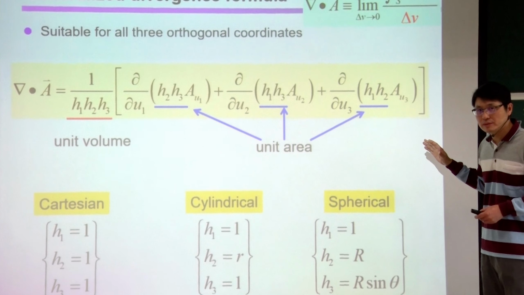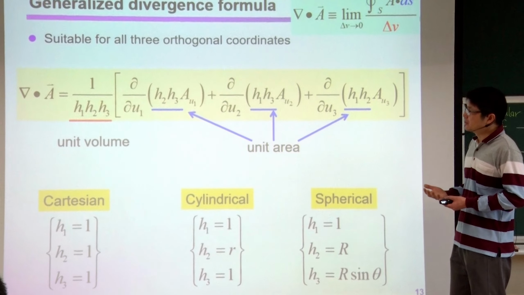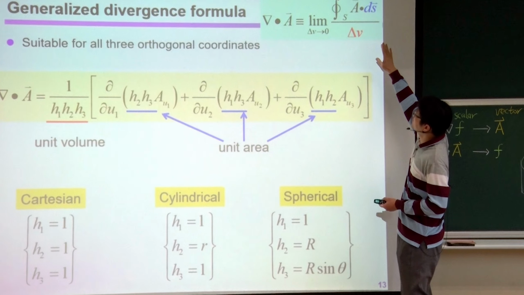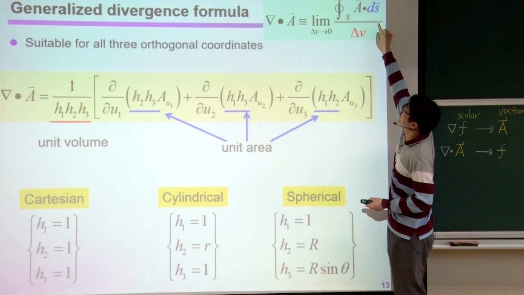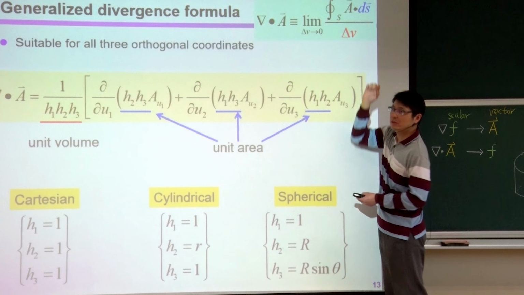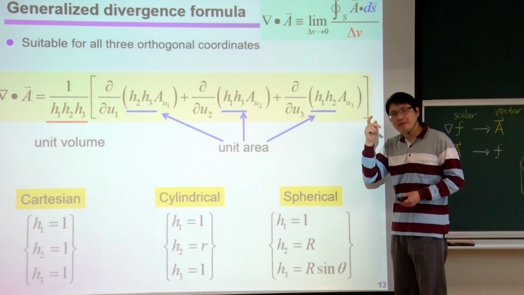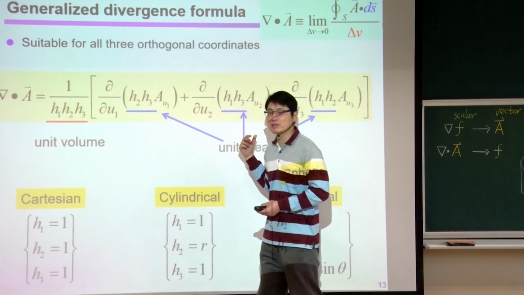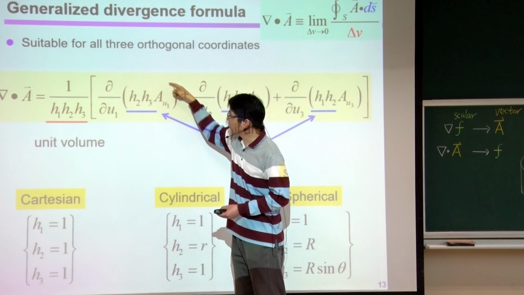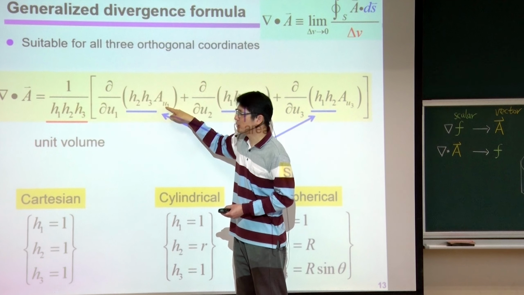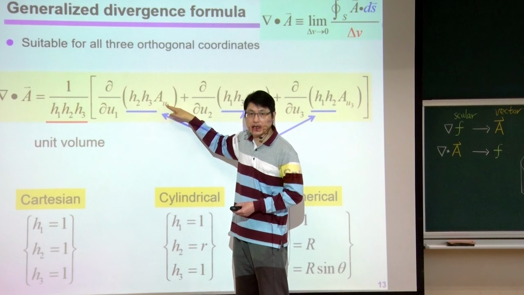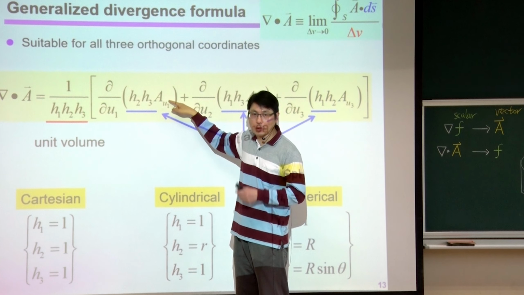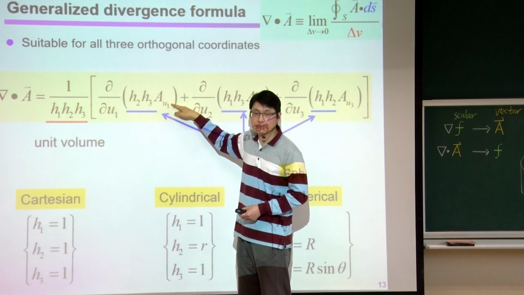It must hold. What I'm trying to tell you is, in the future, whenever you see this dS, you should have the capability to write out directly the generalized formulation, because when you evaluate the first component, you need a corresponding surface pointing in the first direction.